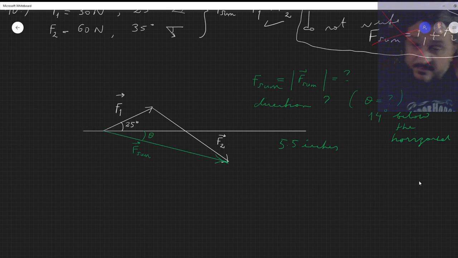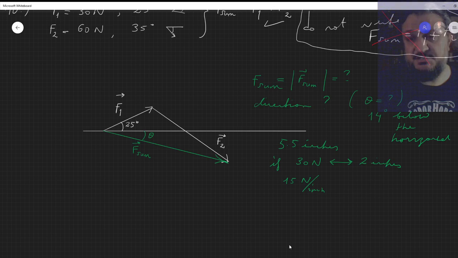But now we have to convert 5.5 inches to newtons. If 30 newtons is represented by 2 inches, it's pretty much 15 newtons per inch, right?